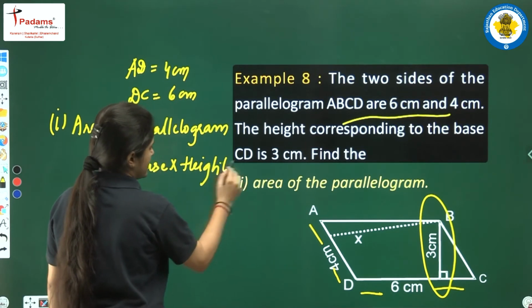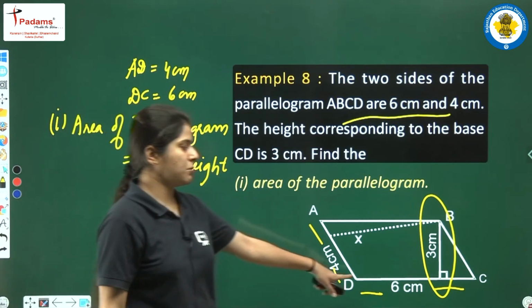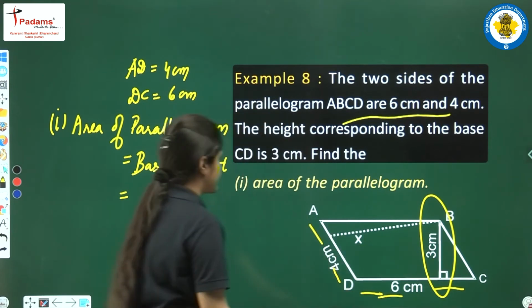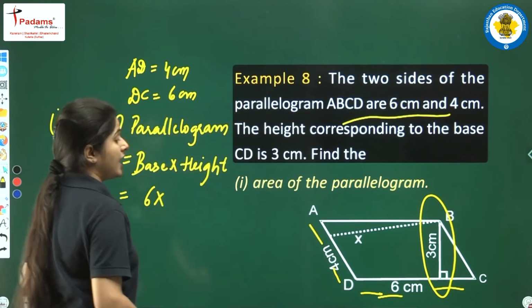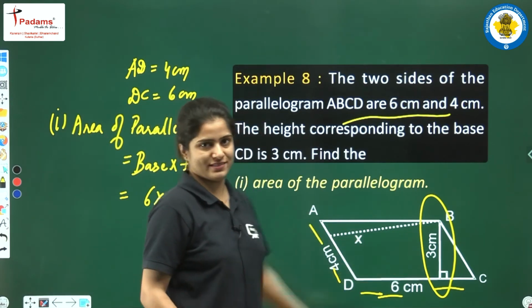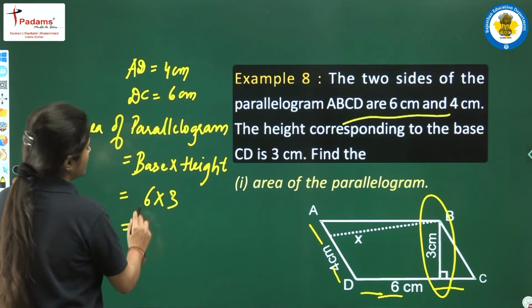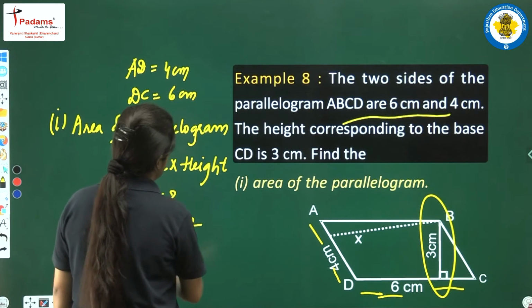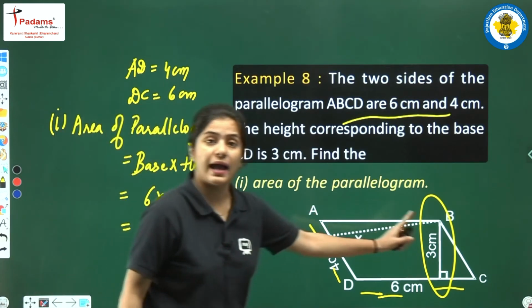So if I'm talking about this base, the base CD, then it is equal to 6. And if I'm talking about the height across this base, then it is equal to 3. Okay. So students, 3 into 6 is equal to 18 centimeter square. This is the area of the parallelogram.